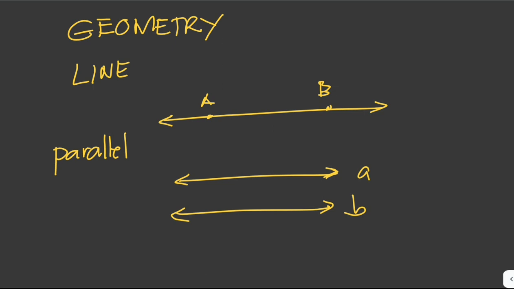And then we have the perimeter. Perimeter is the distance around a figure, whatever shape or figure you have: triangle, rectangle, square, circle.